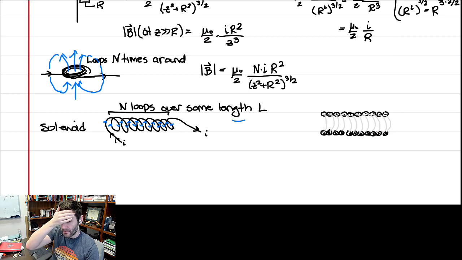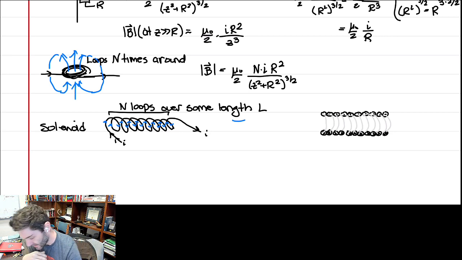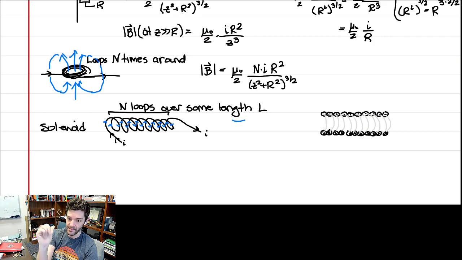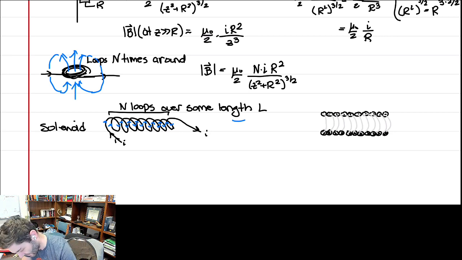So we can ask ourselves, what do we expect the field to look like outside and inside? Again, we can use the right-hand rule. For all the currents at the top, imagine what the magnetic field is from those little tiny pieces. The current is coming out of the page, so I point my thumb out of the page, and my fingers curl around in the direction of the magnetic field. So for this particular wire, the magnetic field goes in a counterclockwise direction by the right-hand rule.